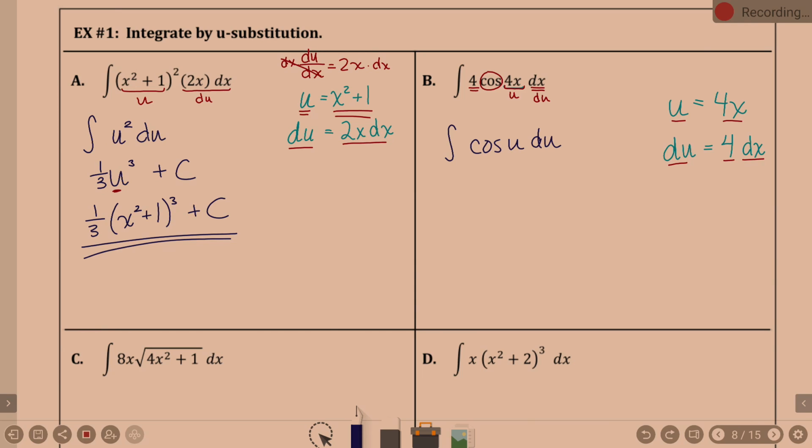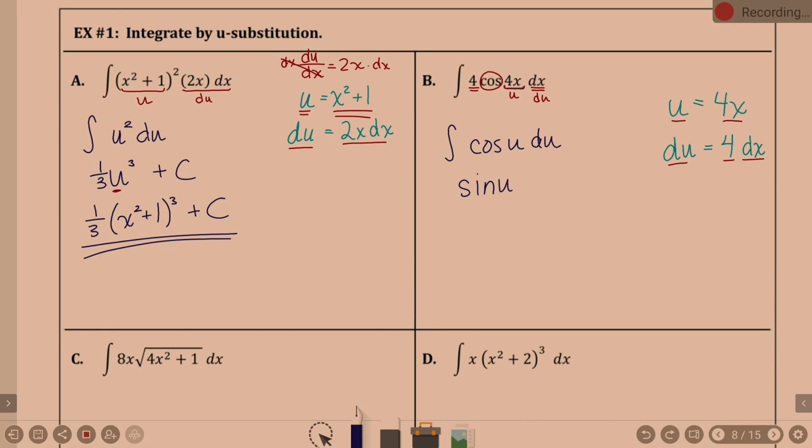I'll be honest, this is one that I wouldn't use substitution for in my calc career. Okay, what's the integral of cosine? No, it's sine. I'm going with sine. I changed it. And here's my brain checking: what's the derivative of sine?